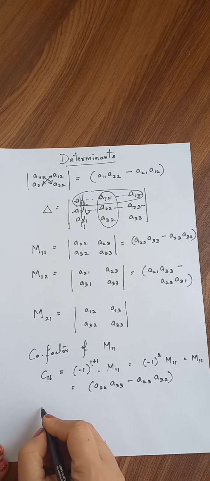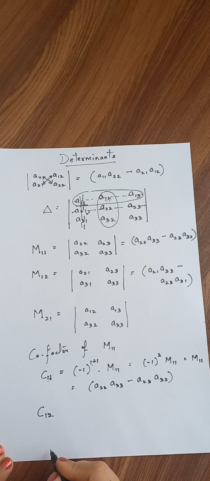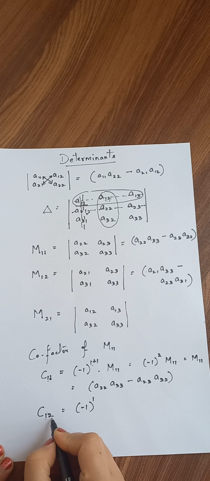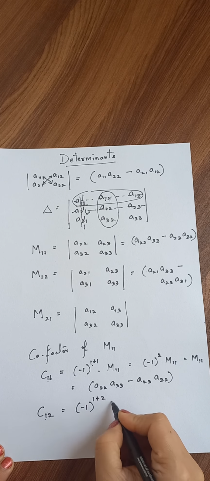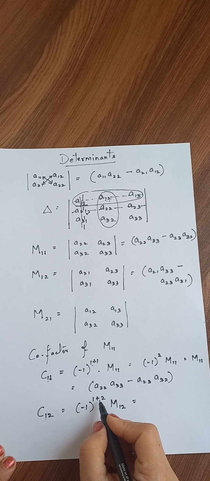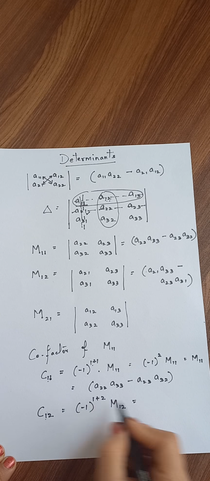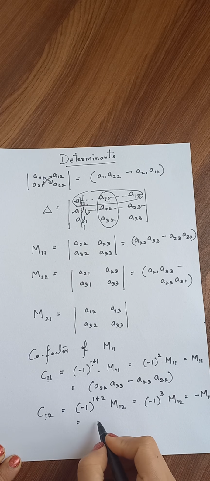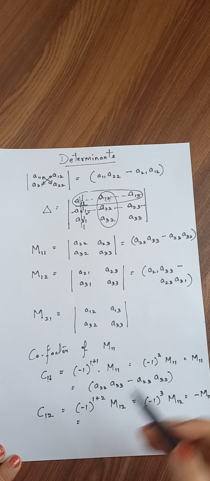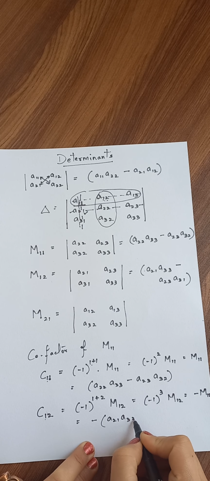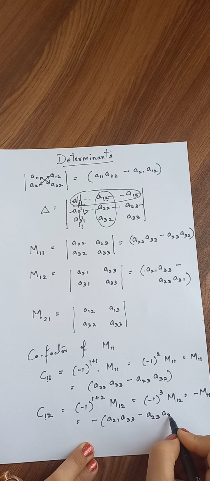Similarly, to find the cofactor of the 1, 2 element, C12, in the very same way we add the row and column numbers, 1 plus 2, with M12. So it is (-1) raised to the power 3. Any negative value raised to an odd power becomes negative, so it is minus M12, which we have already calculated: negative of a21 a33 minus a23 a31.